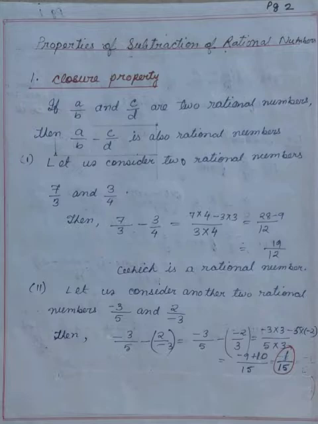Let us consider two rational numbers 7 by 3 and 3 by 4.